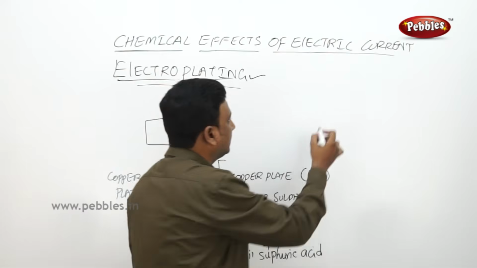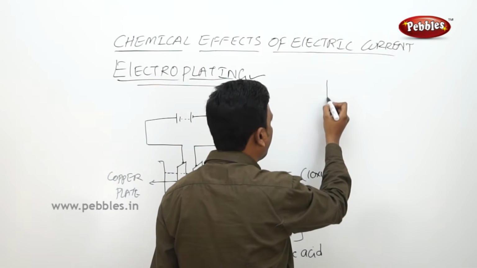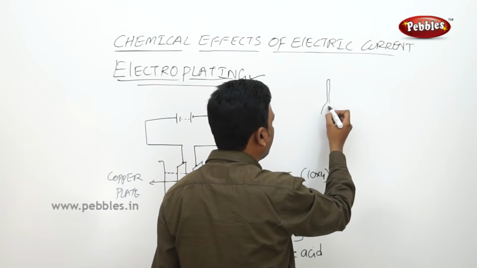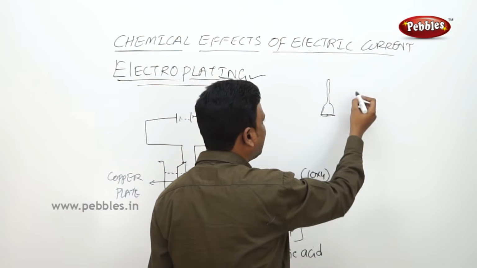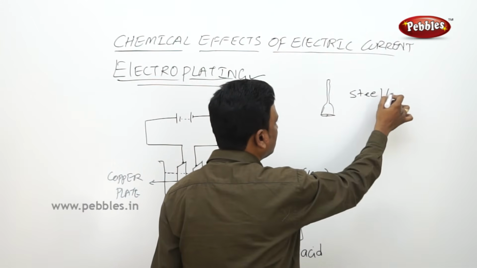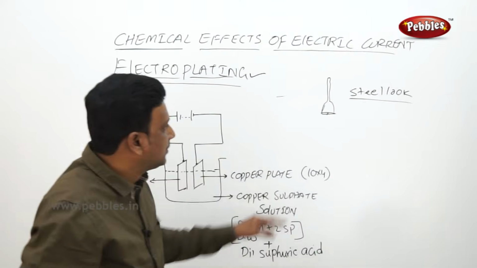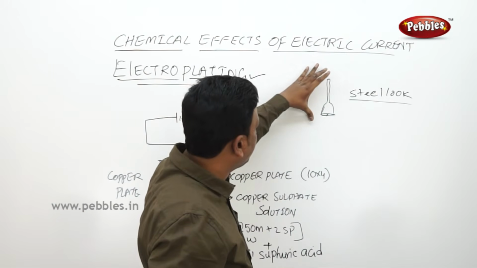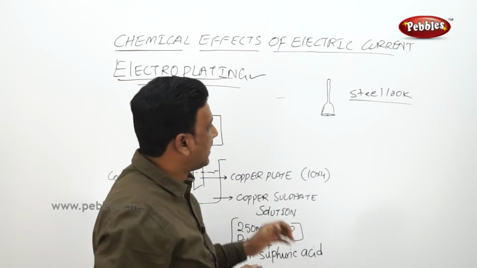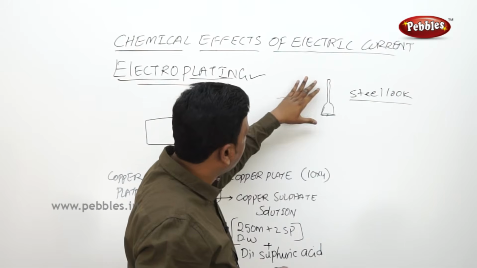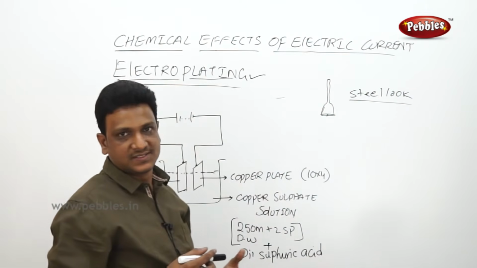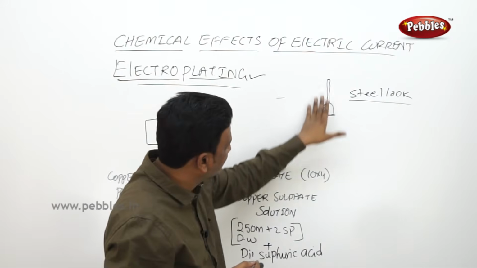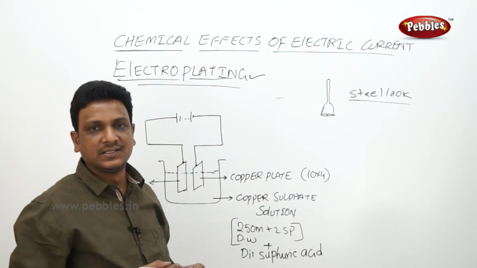Say, for example, you have a brass bell and you want to give it a steel look. So we have to deposit some other metal which looks like steel, but underneath the steel deposition, the material is brass.